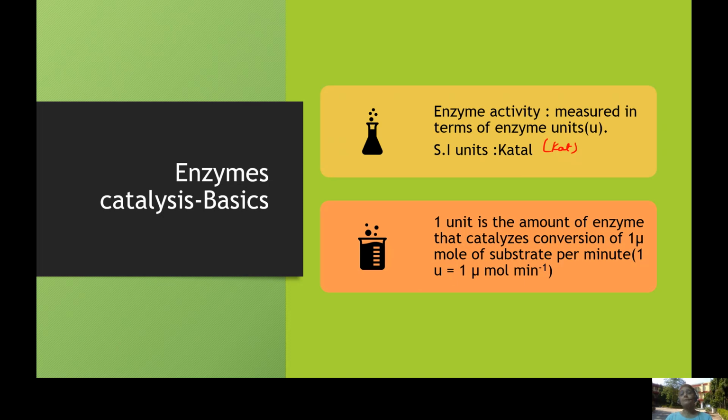However, for all practical purposes in the undergraduate lab, what we measure is a smaller unit that is called the enzyme unit, U, which is the amount of enzyme which is required to either convert 1 micromole of the substrate per ml per minute, or 1 micromole of the product is formed per unit time. That is the enzyme unit, U.